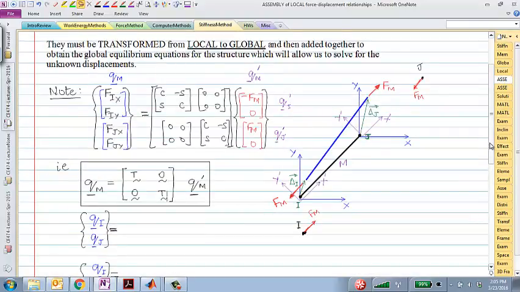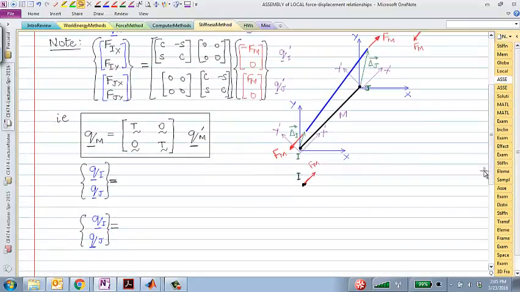So what we would need to do there is to write it as T 0 0 T, and I'll substitute Qm prime from the previous slide.